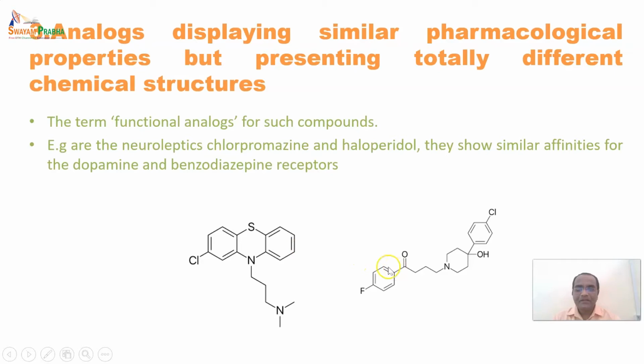The same applies to dopamine and benzodiazepine: they have different structures, and dopamine is a neurotransmitter, but their activities are similar, that is, they are CNS depressants. So these are the three classes of analog design.